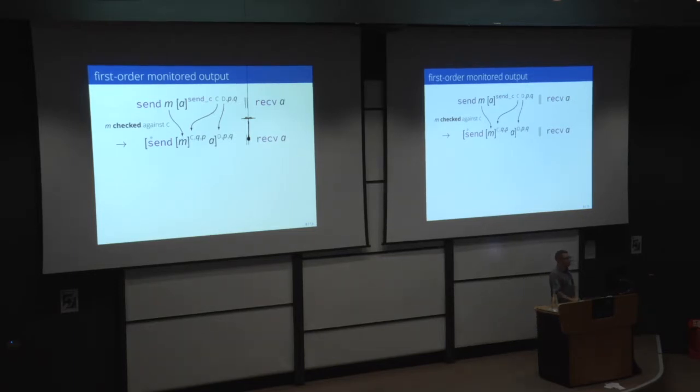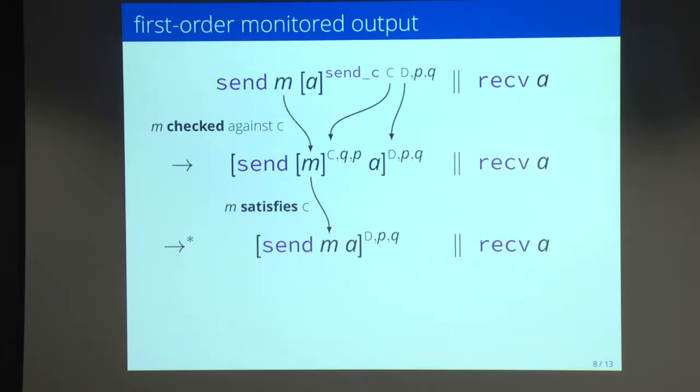But we also wrap the whole application with a new monitor which refers to the contract D. At this point, let's suppose that the message M satisfies the contract C. So this means that eventually this monitor will disappear, and we end up in a configuration where the communication can happen.